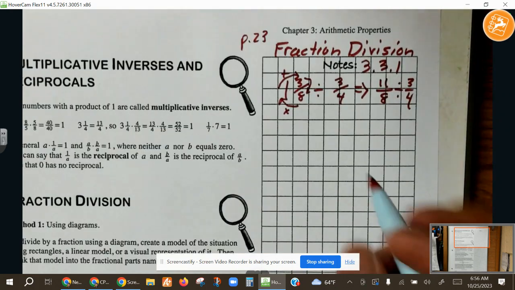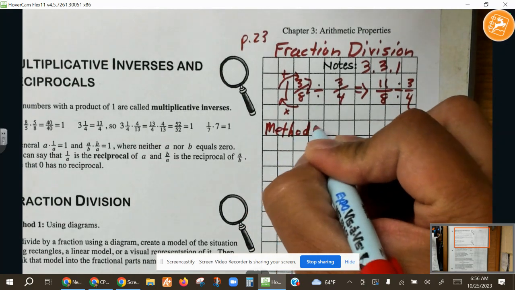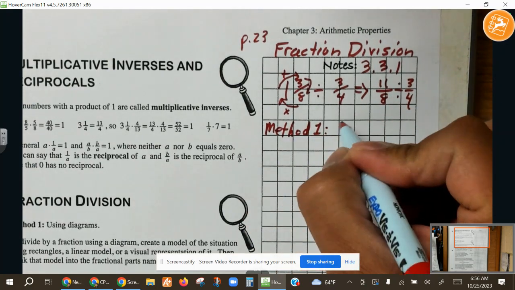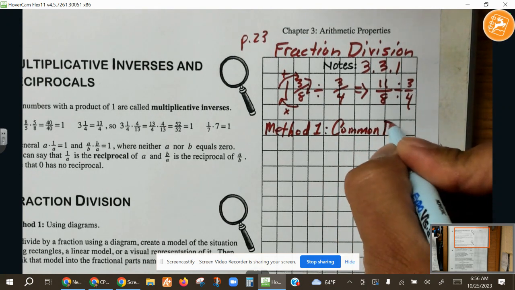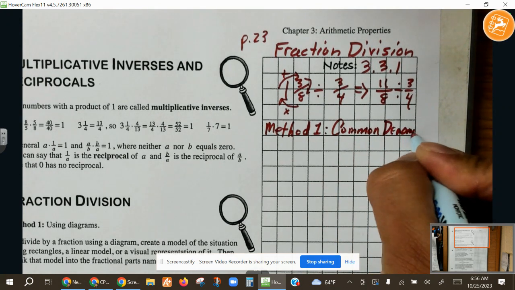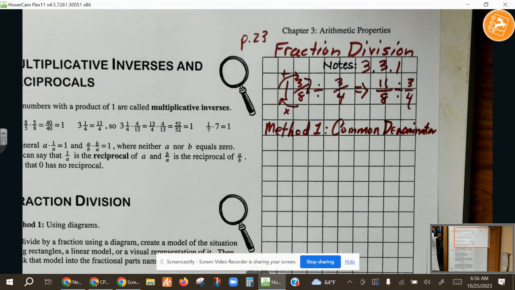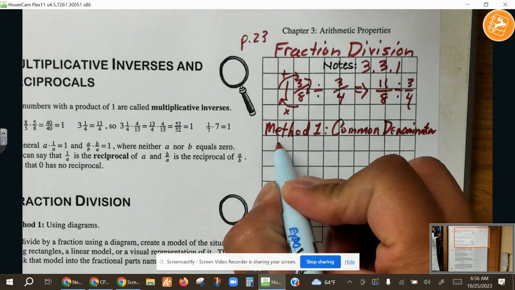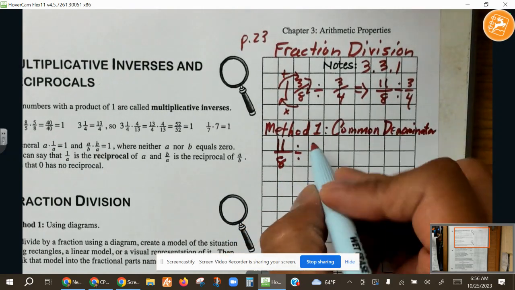All right, so the first method we'll look at is common denominator. And this method is pretty much what it says in the name. You have 11/8 divided by 3/4.